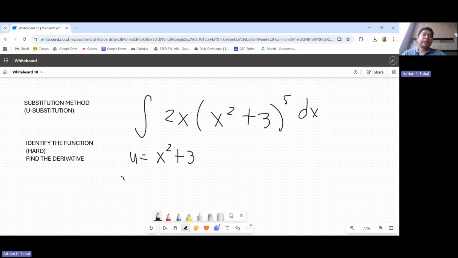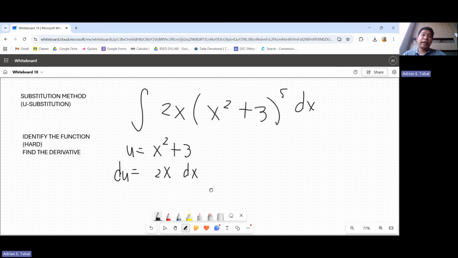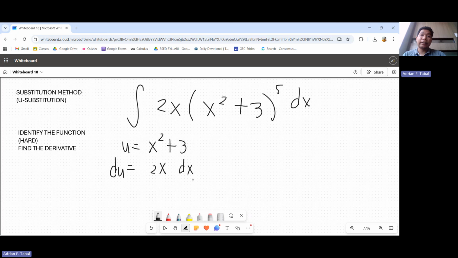After that, we find the derivative of our u. Derivative of our u is 2x, because derivative of x squared is 2x and derivative of a constant is 0. So du is 2x dx. This is the basic rule for integral. We should have the dx after we derive the function.